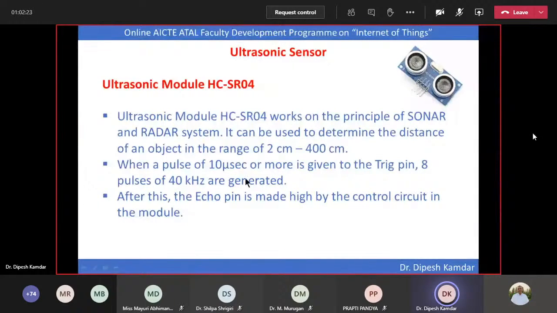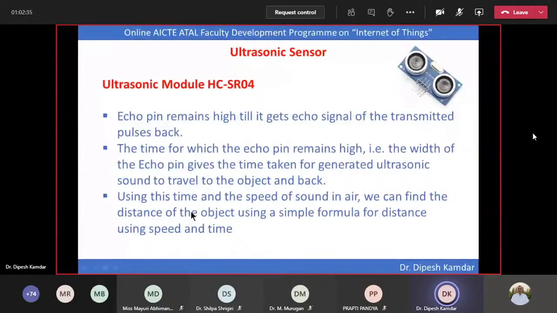It is in the non-audible range, so it will not disturb the environment. The echo pin is made high by the control circuits in the module. The echo pin remains high till it gets the echo signal back.